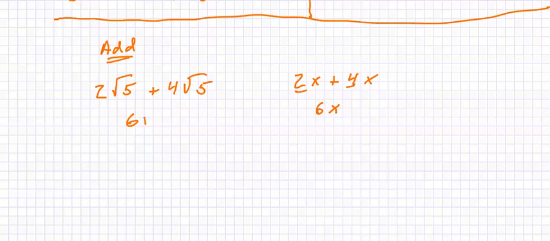This is 6 square root of 5. If I have 2 square root of 5 plus the square root of 5, this really has a coefficient of 1. Even though we don't see that coefficient, it's there, and we end up with 3 square root of 5.